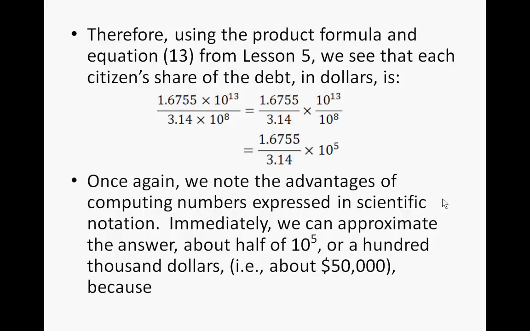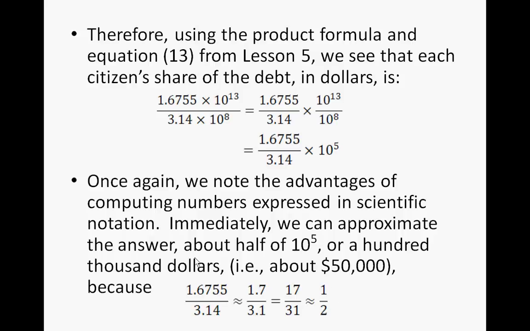So once again, we note the advantages of computing numbers expressed in scientific notation. Immediately we can approximate the answer, about half of 10 to the 5th power, or $100,000, which is about $50,000, because, and we're going to go back to this part right here, that 1.6755 over 3.14 is approximately 1.7 over 3.1, which, if we turn them into whole numbers, is 17 over 31, and 17 over 31 is approximately 1/2.